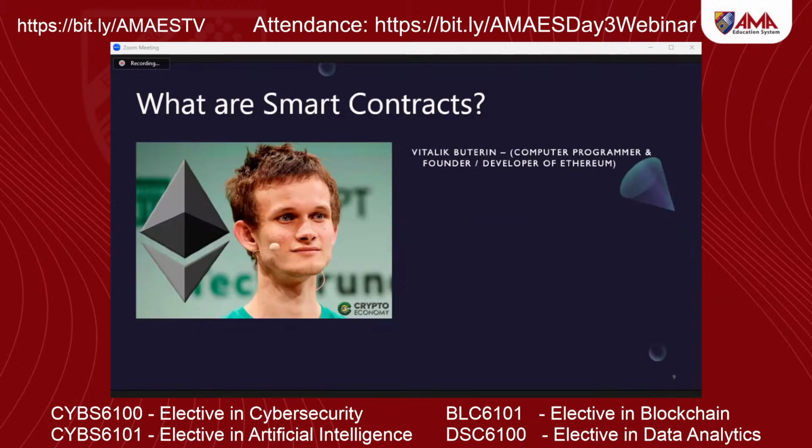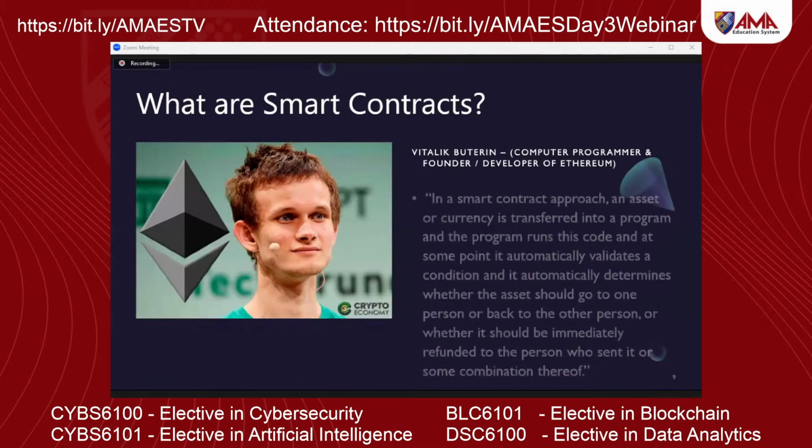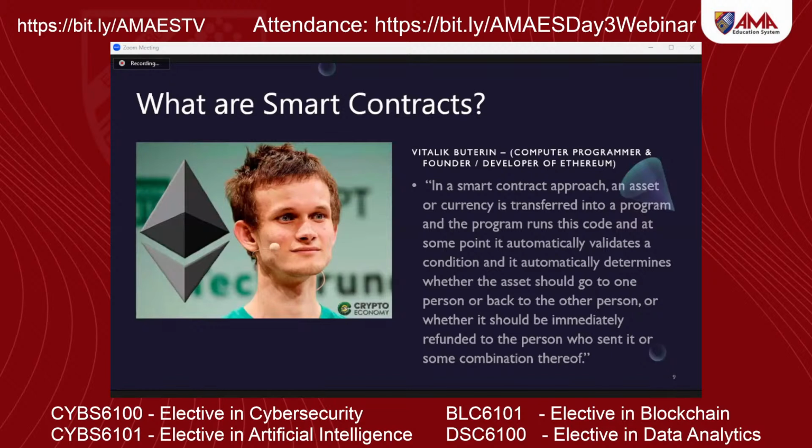Vitalik Buterin is a computer programmer at 28 years old, founder of Ethereum. Okay? Siya yung founder and developer of Ethereum. He's only 28 years old. So sabi niya about the smart contracts nung in-explain niya doon sa DC Blockchain Summit. Okay?